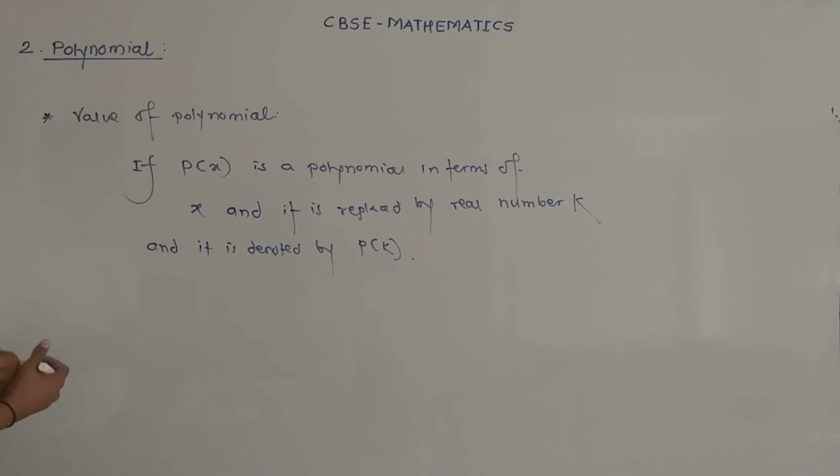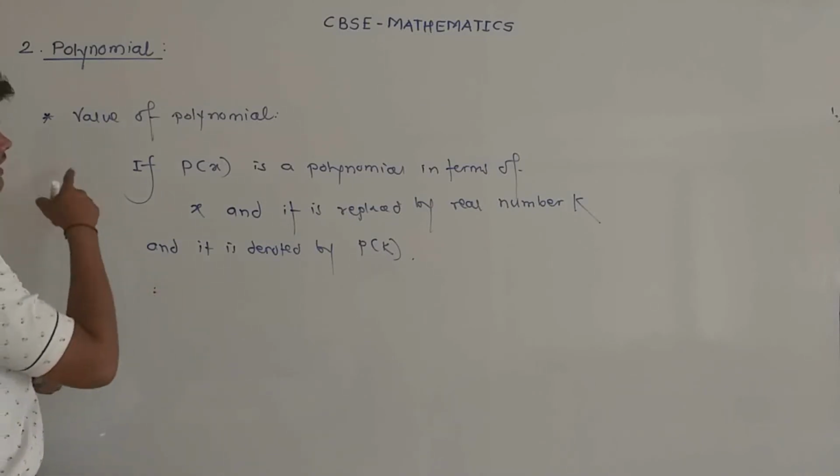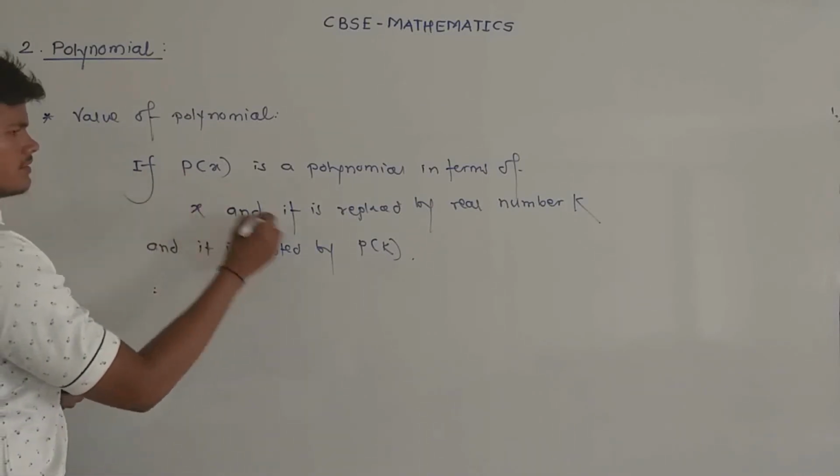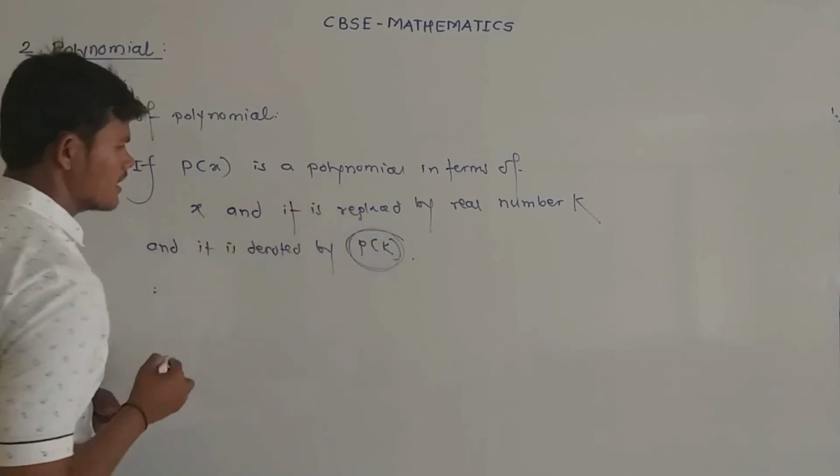That is, the value of polynomial is nothing but p of k.